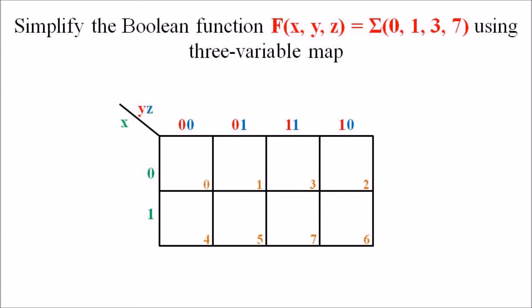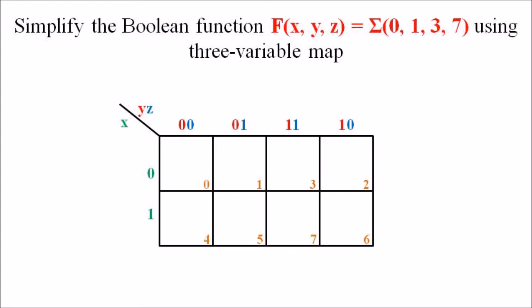The rows represent the variable x: the first row is x dash, where x value is 0, and the second row is x, where x value is 1. The columns are y, z, ranging over 00, 01, 11 and 10.